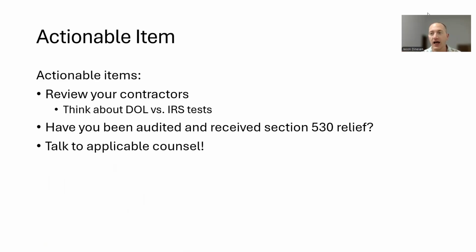And the actionable item here is to review your contractors and think about these DOL and IRS tests. And in particular, have you been audited on worker classification by the IRS and received Section 530 relief?